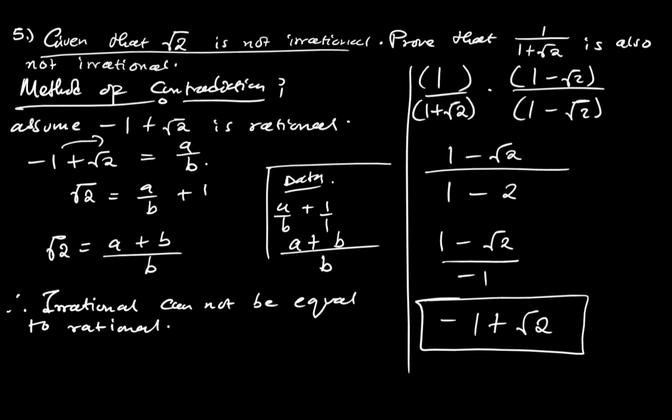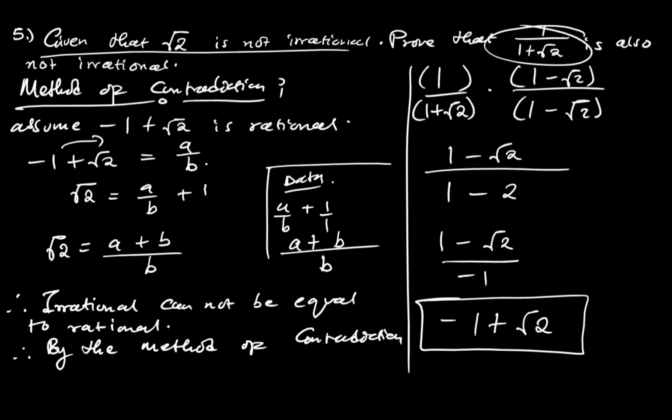And then what do we do? Give the superior statement by the method of contradiction. What are we proving? 1 over 1 plus root 2 is also irrational.